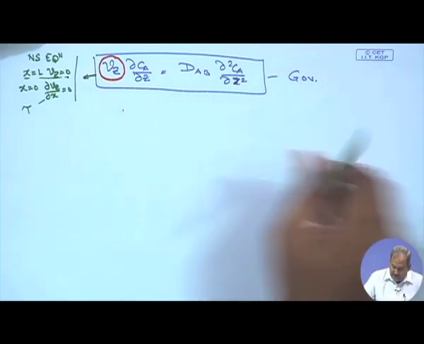Had it not been the case, then both the momentum transport and the species transport equations would have to be solved simultaneously, creating enough complexities, which would probably require solution by numerical techniques only. So we know what this Vz is going to be.